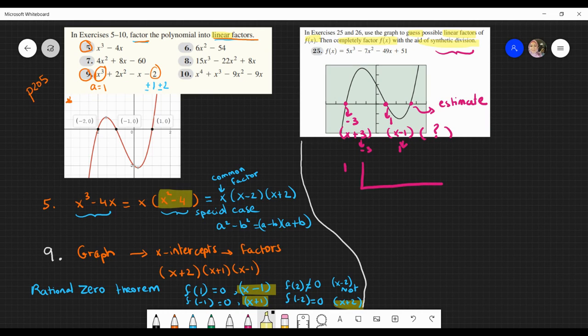And I'm going to put all the coefficients, just as we explained in a different lesson on synthetic division: 5, -7, -49, and +51.